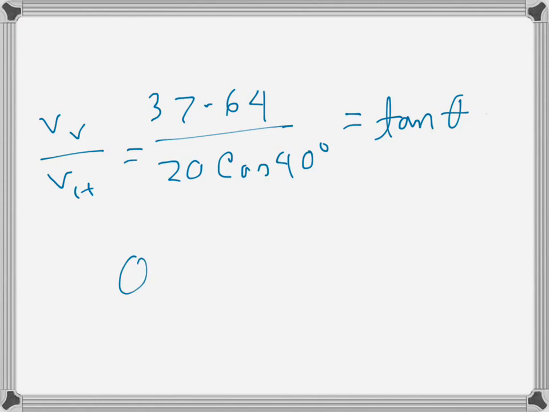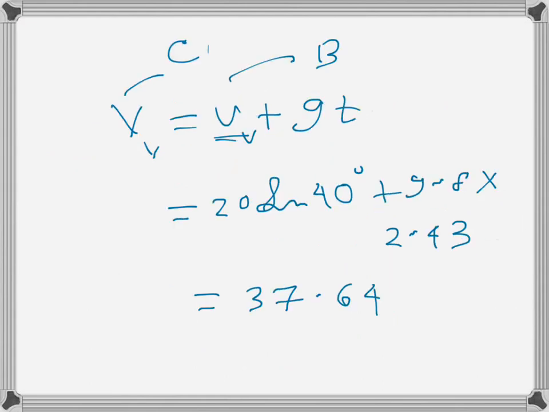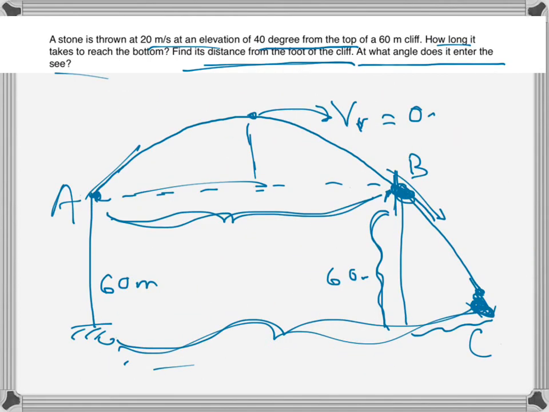So if we take tan inverse of 37.64 over 15.32, we get the angle, which is 67.8 degrees. So that is the angle at which it enters the sea. So that's the problem and that's the solution, basically.